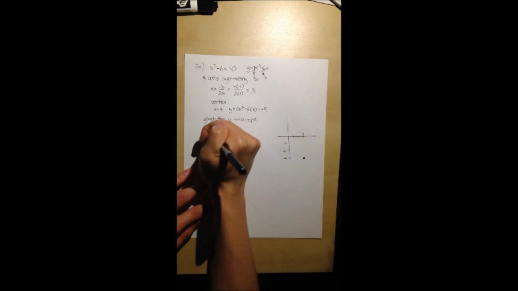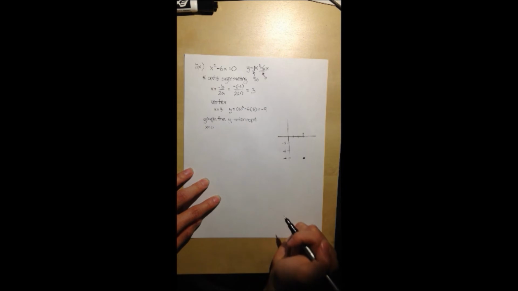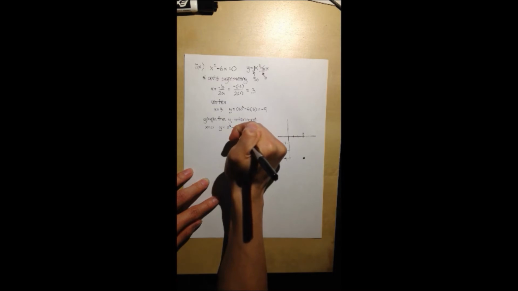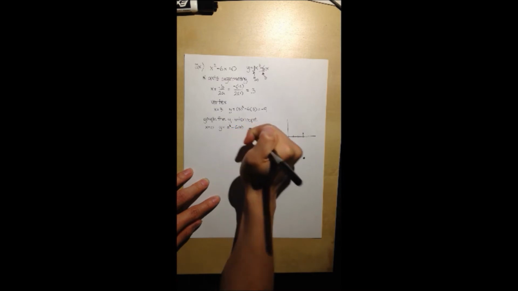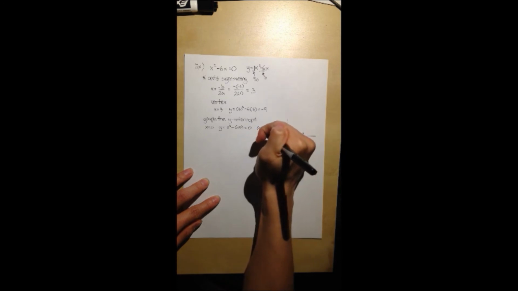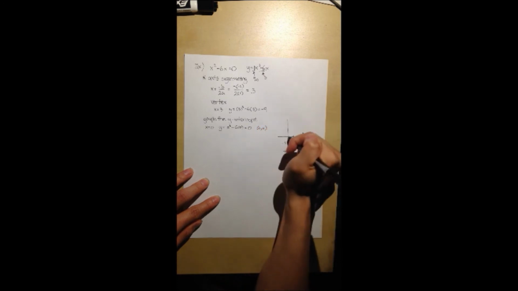Okay, so we know x is going to be equal to 0. So let's find out what y is going to be. 0 squared minus 6 times 0 is equal to 0. So my y-intercept is going to be 0 at 0, 0. So we labeled that on my graph.